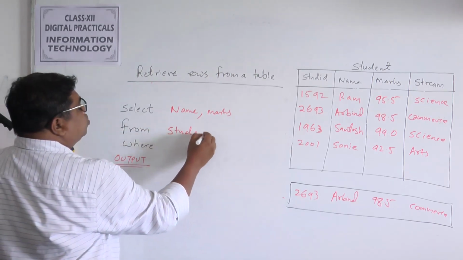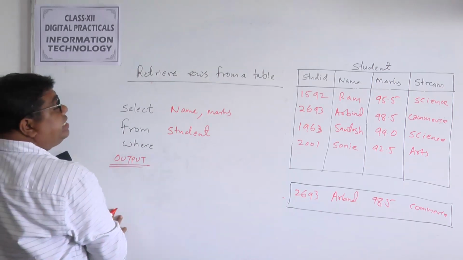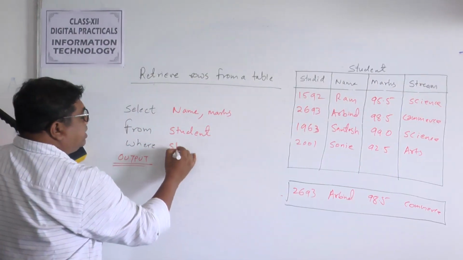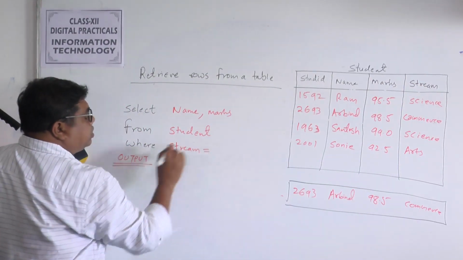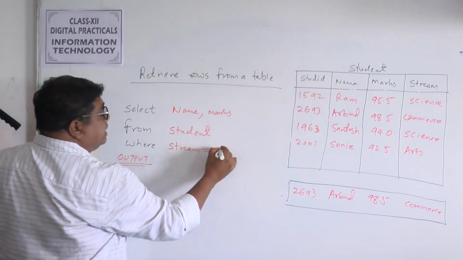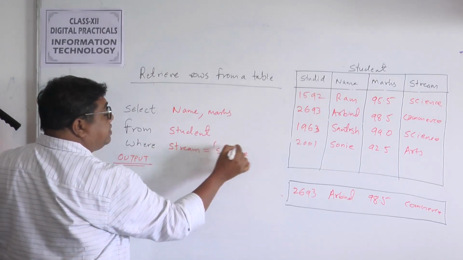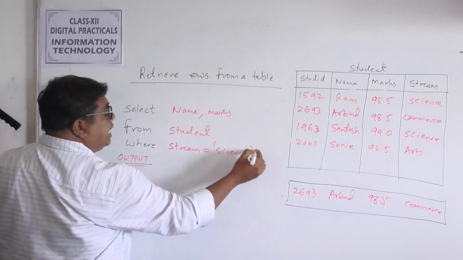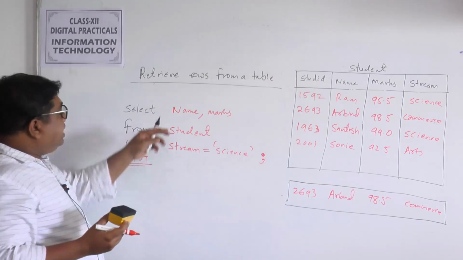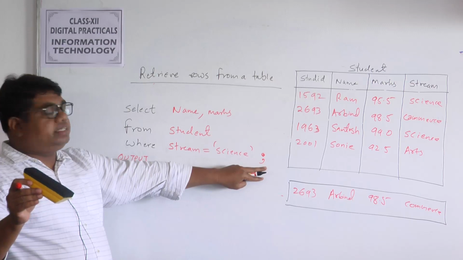The table name is student. And what is the condition? The condition is based on the column stream: WHERE stream equal to, I will use a relational operator, and is science. So I will write science, specified within single quotes, and the statement must end with a semicolon. See, this is the end of the statement and we have to use a semicolon at the end.